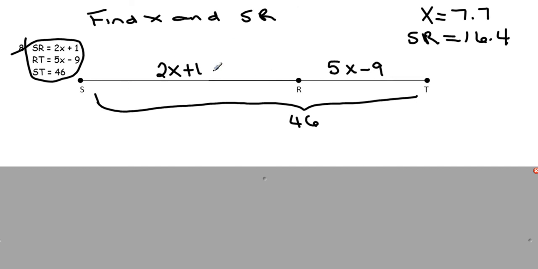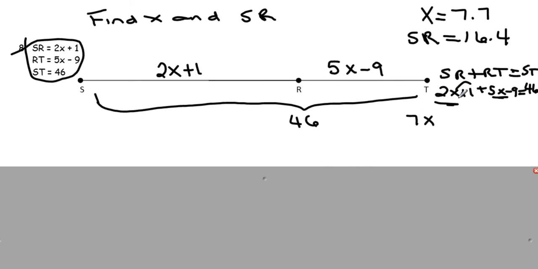Right here we have segment addition. Take SR, we're going to add it to RT, and that's going to equal the whole segment ST. Filling in for SR, we have 2x plus 1. Filling in for RT, we have 5x minus 9. And that's going to equal our ST, which was told to us as 46. Okay. Combine my like terms. 2x and a 5x is a 7x.